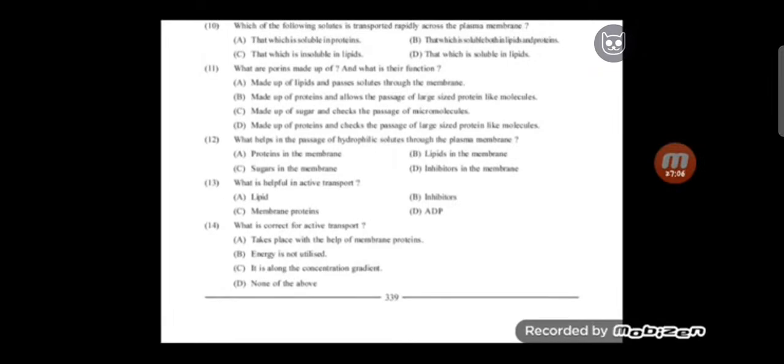So the correct answer for question number 13 is option C, membrane protein. Membrane protein is helpful in active transport.